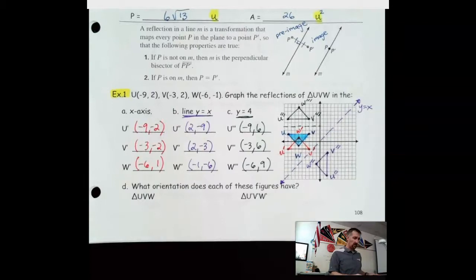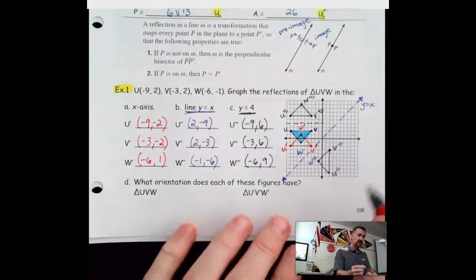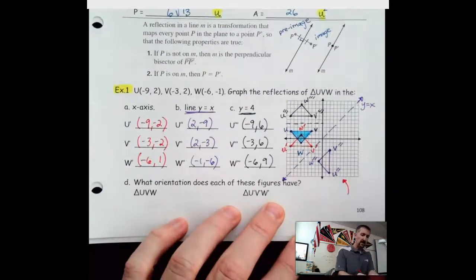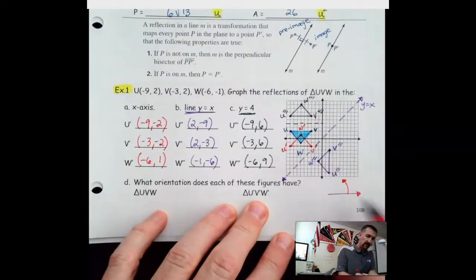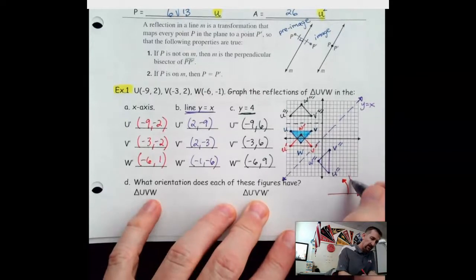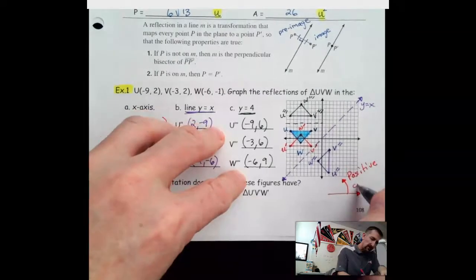Now, what orientation does each figure have? Alright, so orientation is, counterclockwise is positive. So if we're going from the positive x-axis, we're going this way. Positive orientation is counterclockwise.